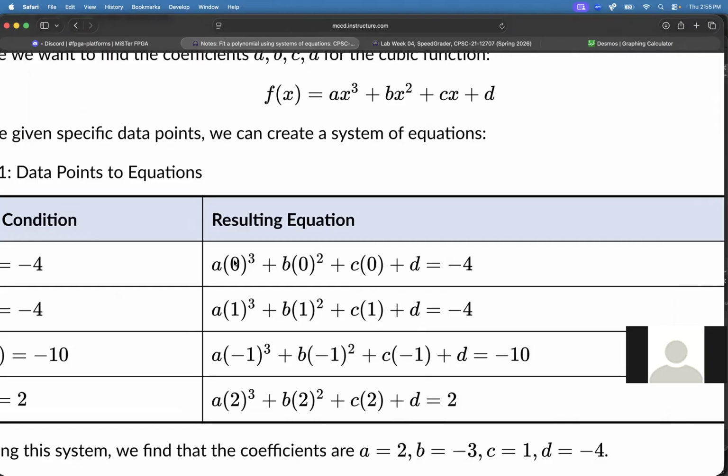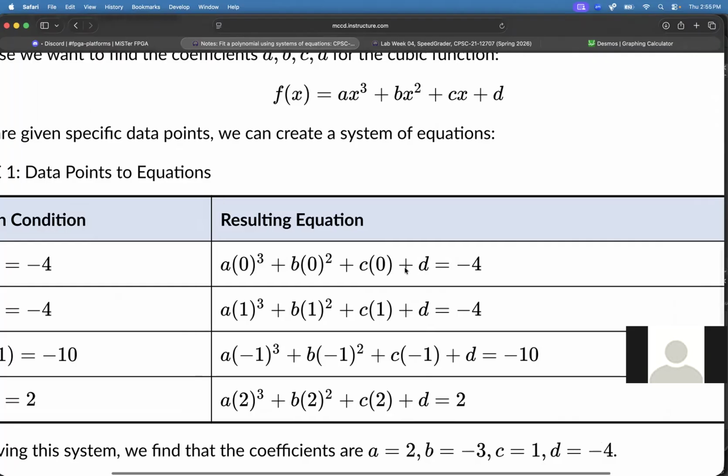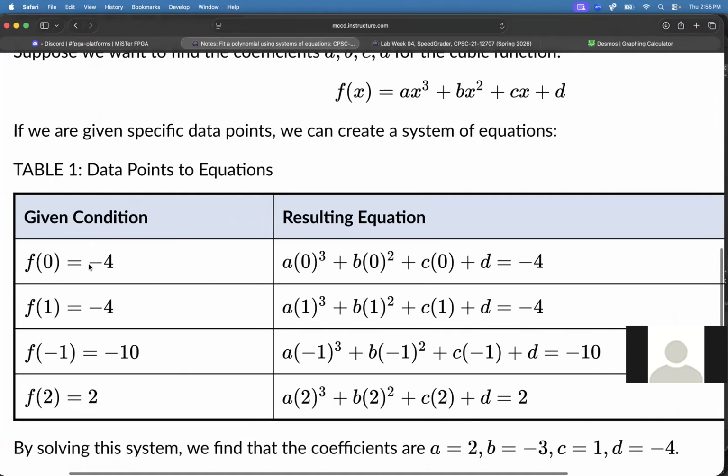Instead of bx squared, we'll have b0 squared. Instead of cx, we'll have c0. Instead of d, we'll have d, because there's no x there. And you plug in a 0 here, and we know that the result is supposed to be a -4.